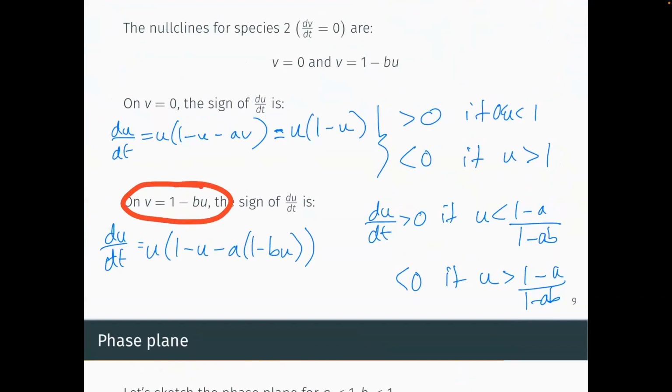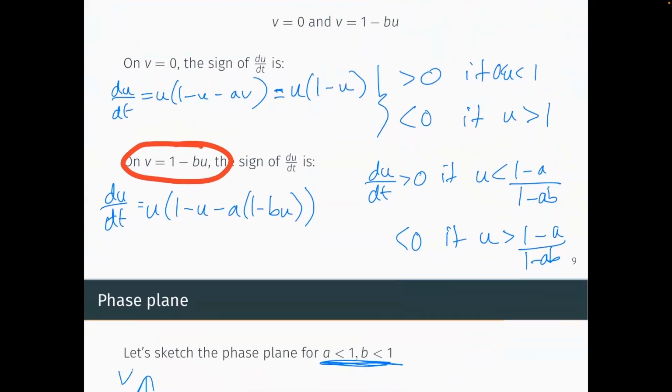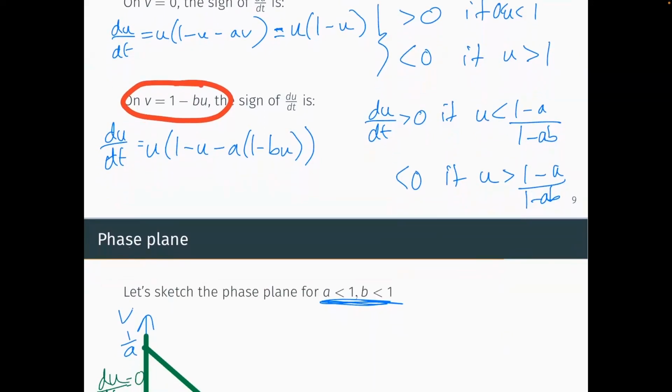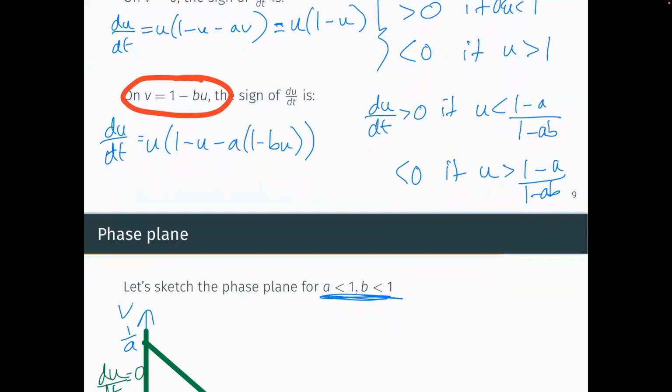So here, again, this is a straight line with a negative slope because of the minus sign in front of the u. b is going to be less than 1. When u is equal to 0, v is going to equal 1. So we're going to intersect the vertical axis at 1. And because b is less than 1, when v is equal to 0, u is going to equal 1 over b.